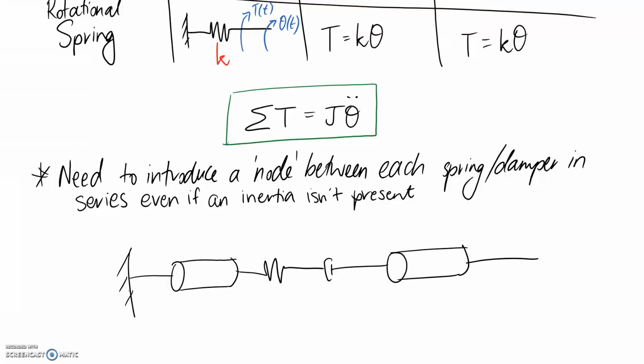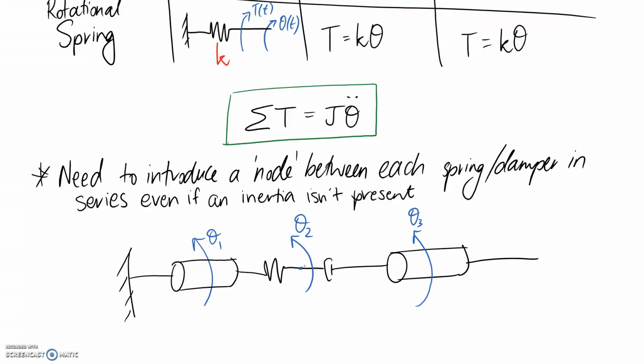Let's pretend this is acting against the wall. When we drew our free body diagrams of the system, we would need to measure the angle at this point over the inertia. We would also need to measure this one across the inertia. However, these are in series, so you need to have a third node in here.